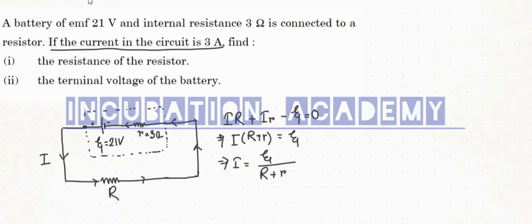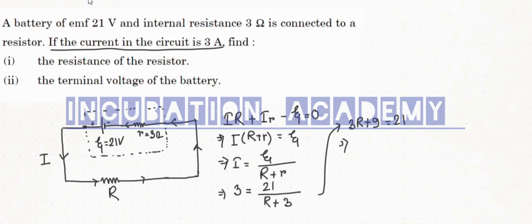So I am using this formula. The current is 3, the value of E is 21, capital R we need to find, and the small r is 3. From this we can simply write 3 capital R plus 9 equal to 21. Please check it, simple calculation.